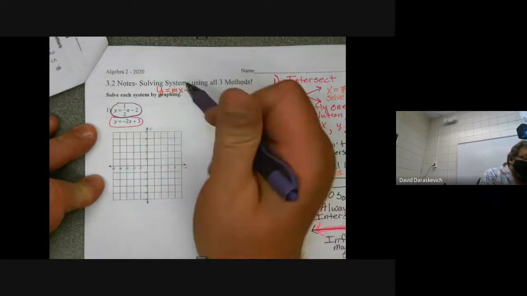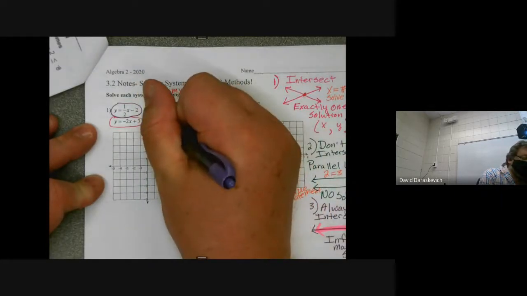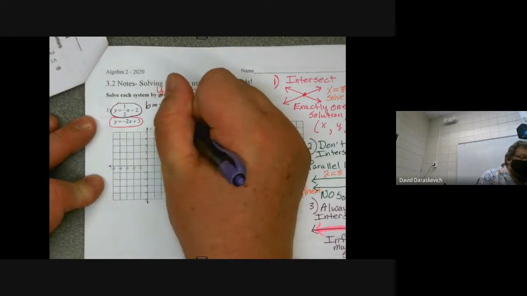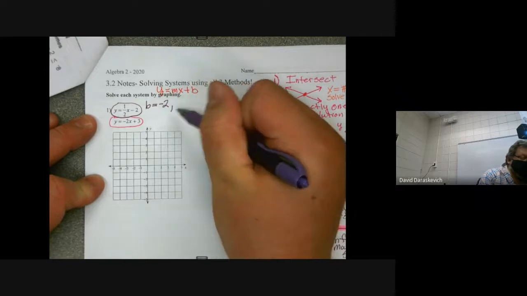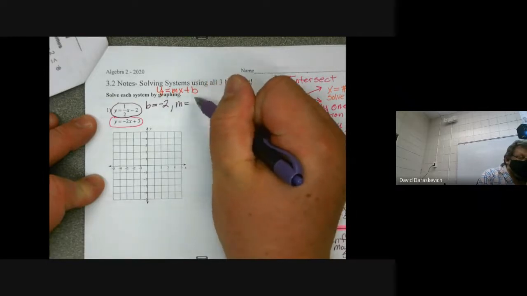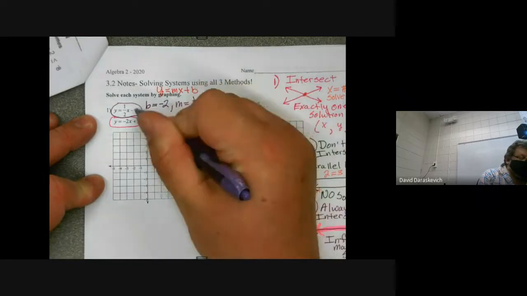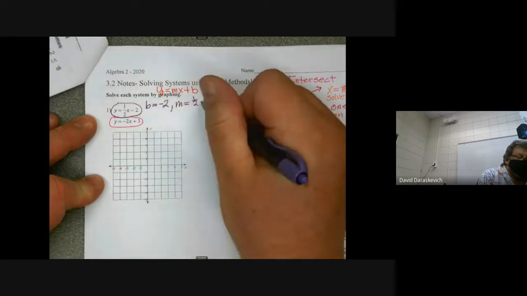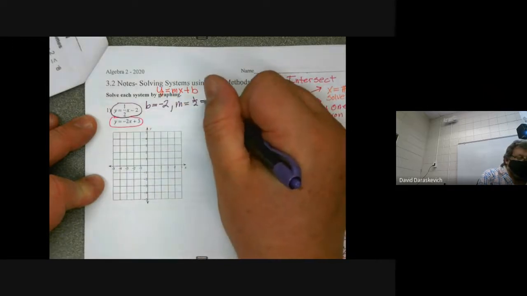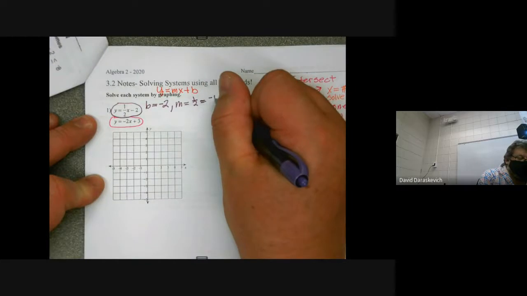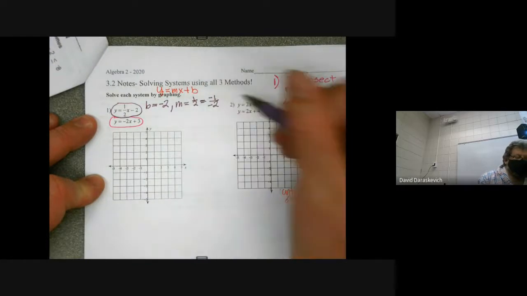So for the top one, always start with your y-intercept. So b equals -2. My slope equals 1/2. It's the coefficient of x. Or, depending on how it fits on the graph, I may want to use -1 over -2.